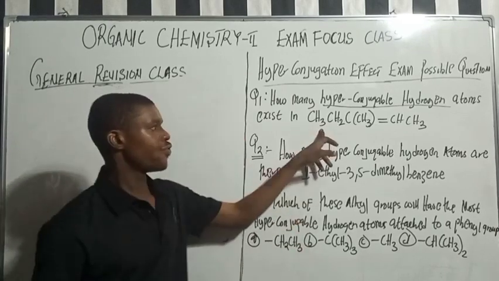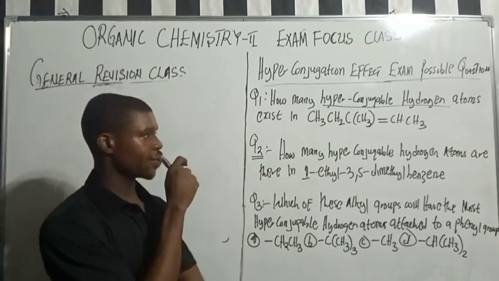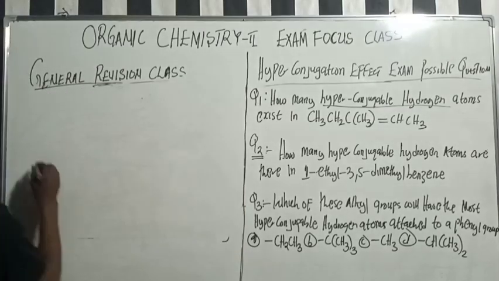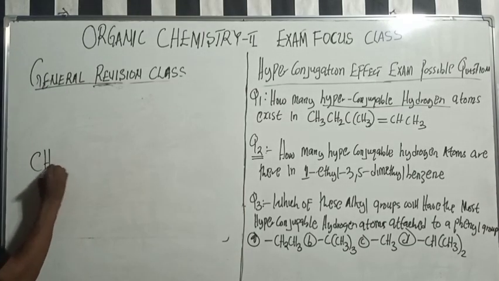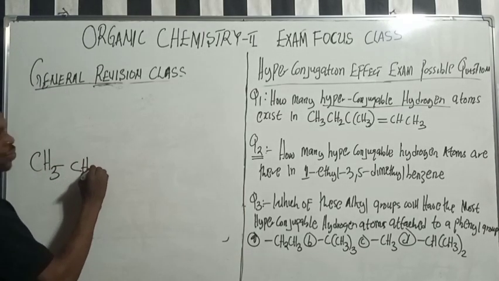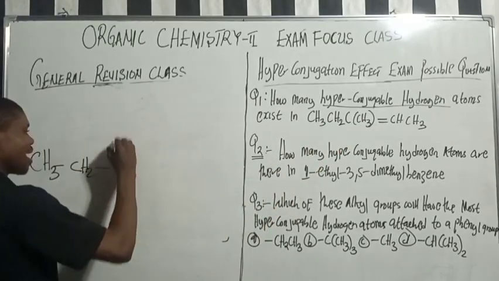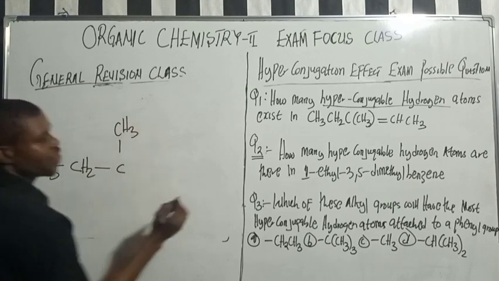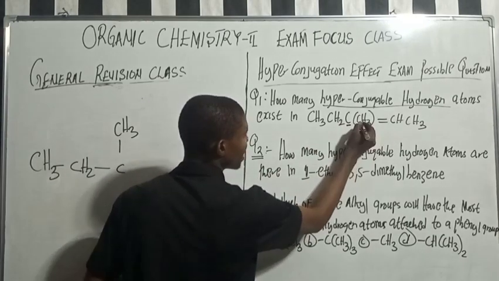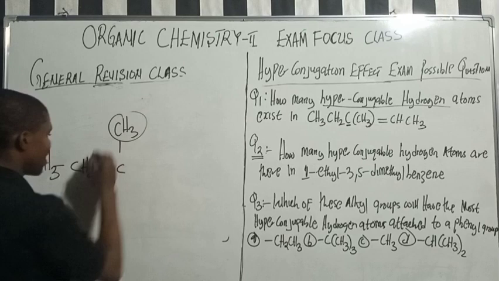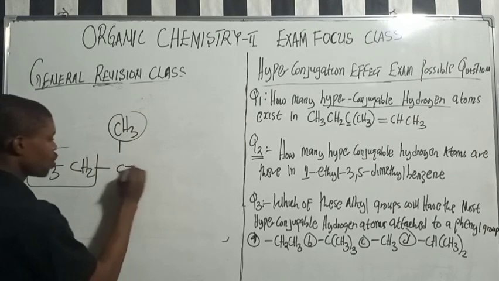The first thing I want to do is to draw the structure. So here we have CH3, CH2, C. Look at something here. This carbon atom has a methyl group CH3. If you check very well, this one has the CH3 here, and this other one here. Then a double bond.